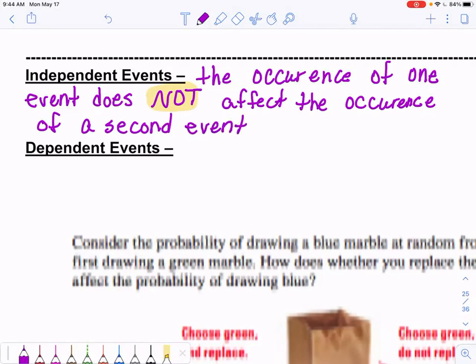So affect, change, alter, any of those words you could use. But the occurrence of one event does not change, affect, alter the occurrence of the second event.